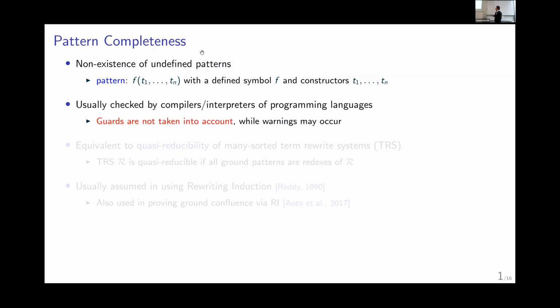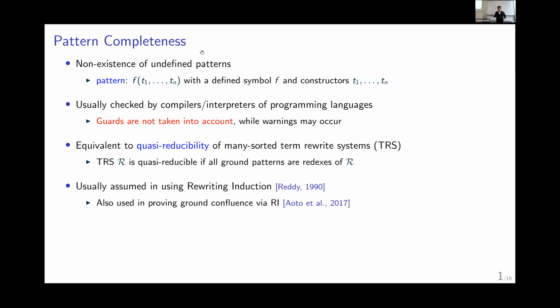Some languages allow us to write user-defined functions or predicates in guards, and then it is not so realistic to check full pattern completeness. But for execution of programs, this is very reasonable.